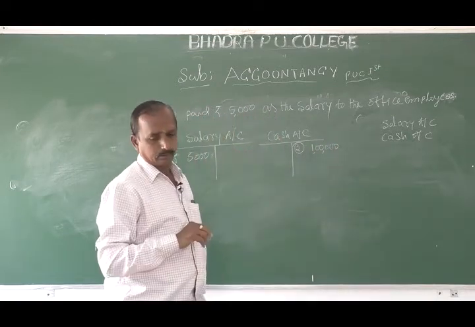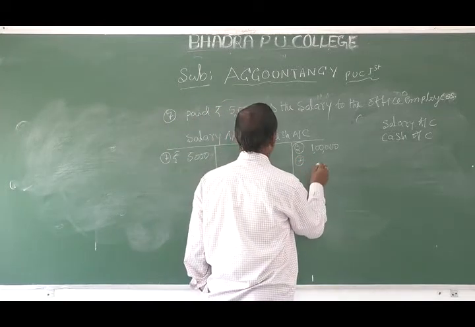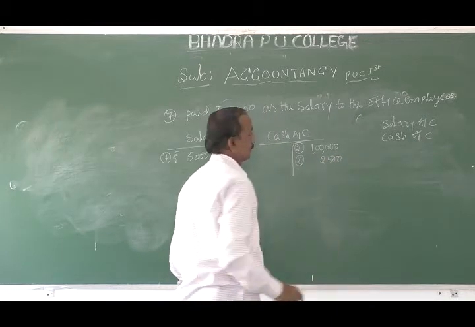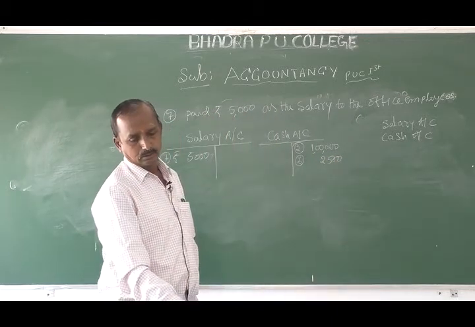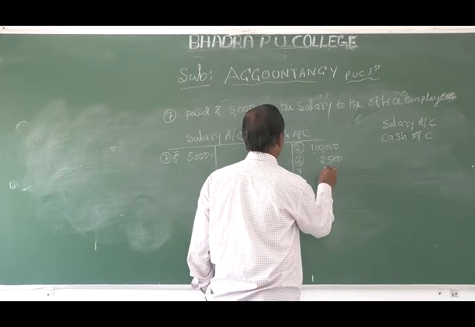Next, another one is 6, 2500, and 7, 5000.